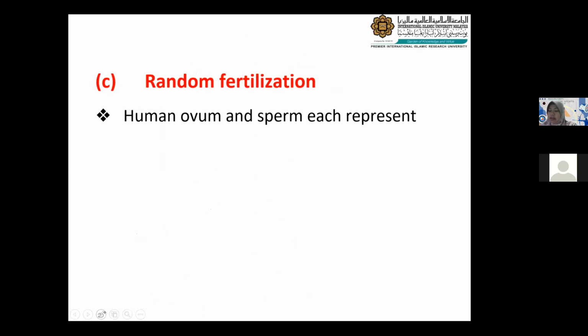Okay, number 3, random fertilization. You can see as for number 1, independent assortment. Number 2, crossing over. So the genes are present, but reshuffling takes place. Similarly for random fertilization.